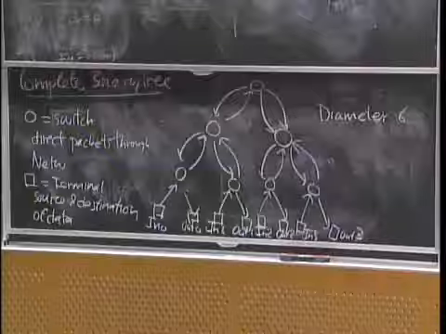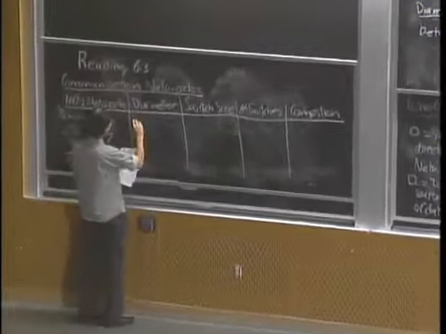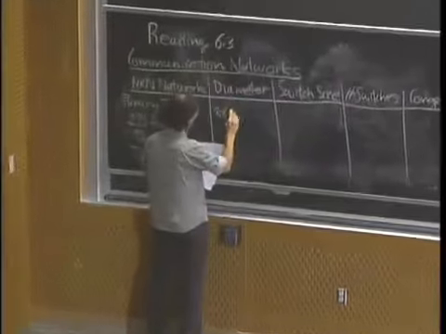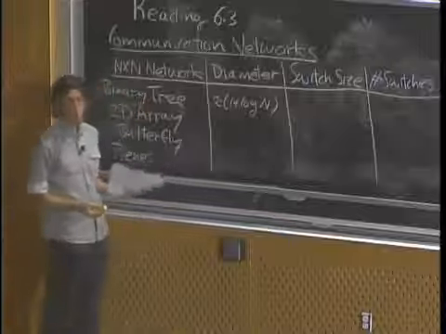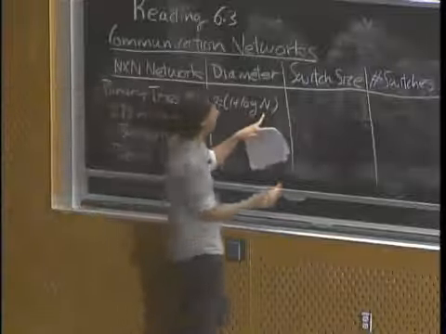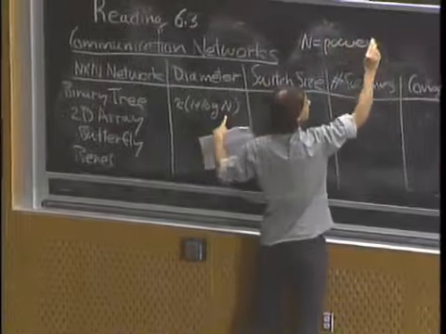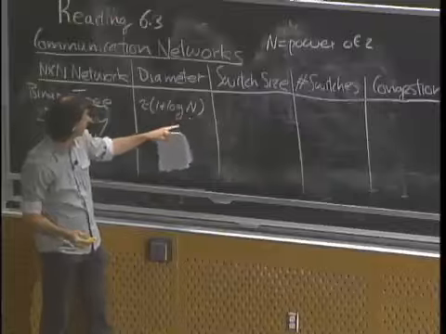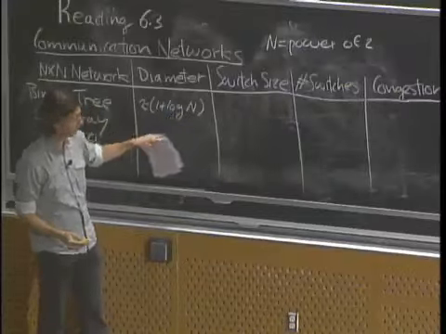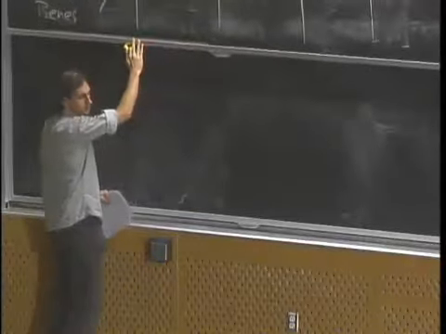So in general, we have a diameter that looks like this. It's 2 times (1 plus the logarithm of n). So in this lecture, n is going to be a power of 2, just to make calculations simple. And the logarithm is always to the base 2. So this is the diameter of a general binary tree.